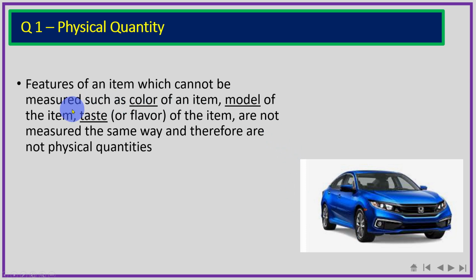The model of the car also cannot be measured. Taste, like the flavor of food, cannot be measured. We cannot take a measuring instrument and measure taste or flavor. They are not measured in the way we would measure a physical quantity, and therefore they are not physical quantities.